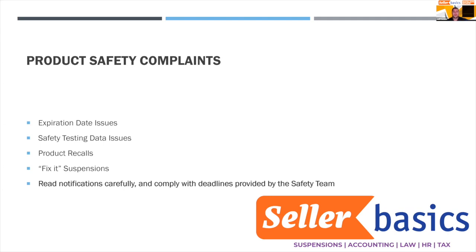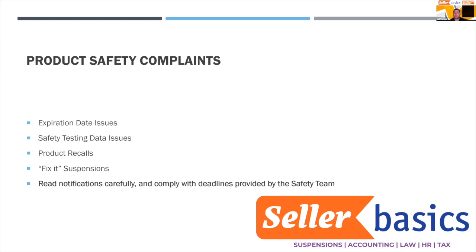So other things to think about that can happen is safety testing data issues. Those are often where Amazon wants safety data. So maybe you've made a safety claim, or maybe someone has made an issue about your product. Amazon may ask you to substantiate that the product is safe, and so they'll just take it down until you provide them with safety testing.